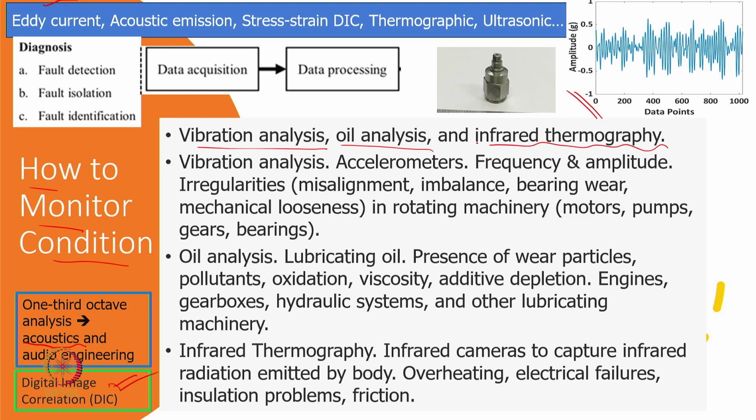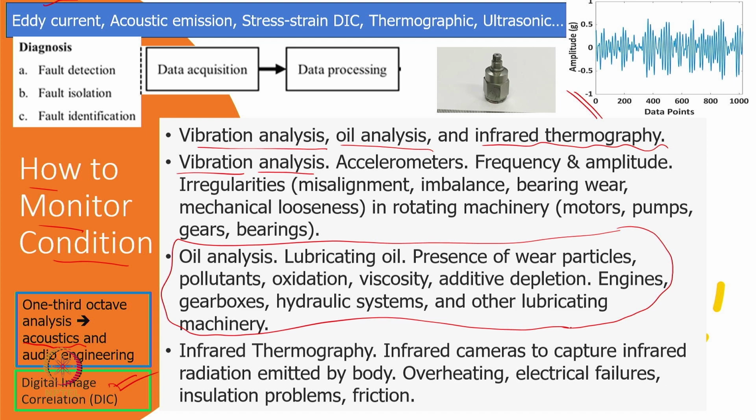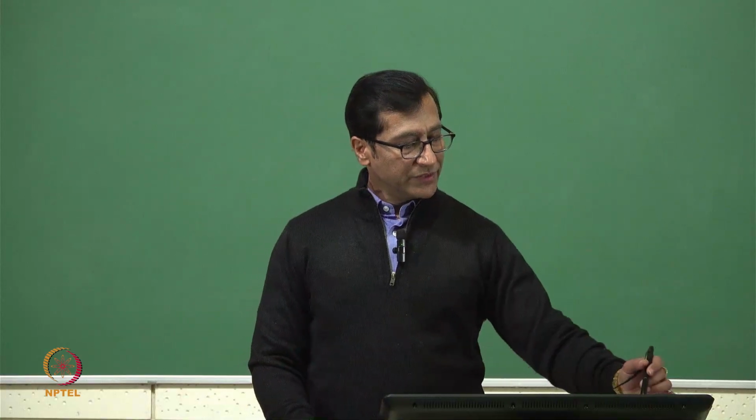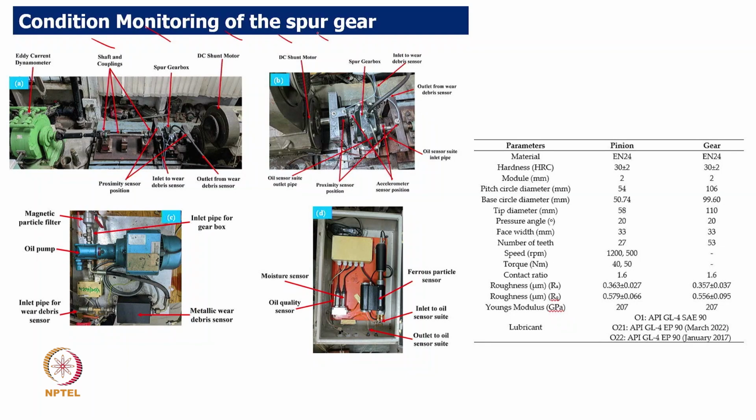Of course we have a thermal imaging camera also, which gives a good response. We can go ahead with vibration analysis, and then particularly the wear particles in the engine oil give us a good response. In the next two slides I'm going to show more on oil analysis. Vibration analysis I already showed; oil analysis I'll be showing in the next slide. So this is what we try to do, condition monitoring of spur gear.